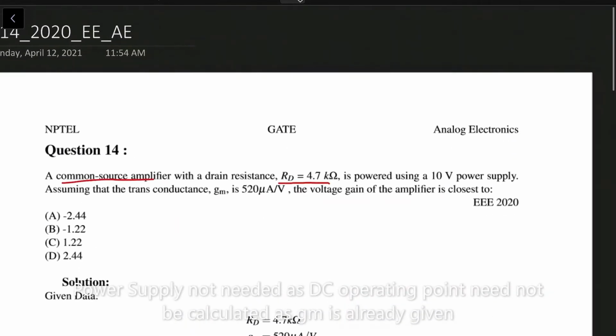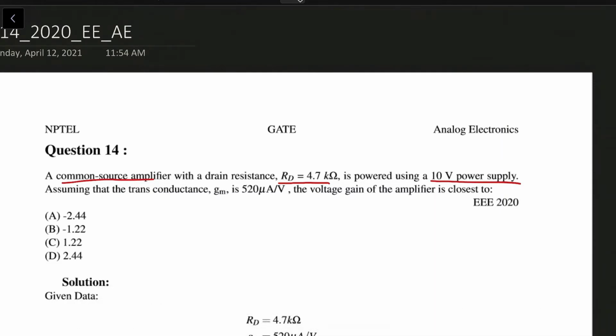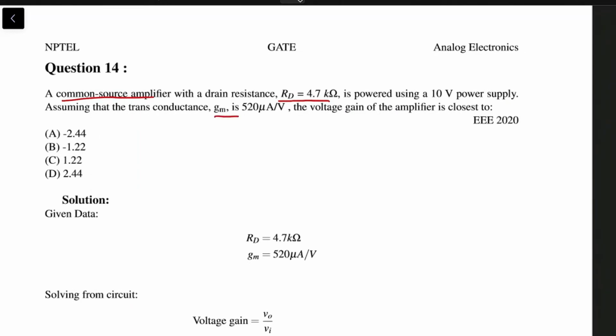Even though they've given us the power supply, it's not necessary because this is a small signal analysis question. We are given that GM is 520 microamps per volt. So the idea is that the transistor has been biased in such a way that we get the following GM.